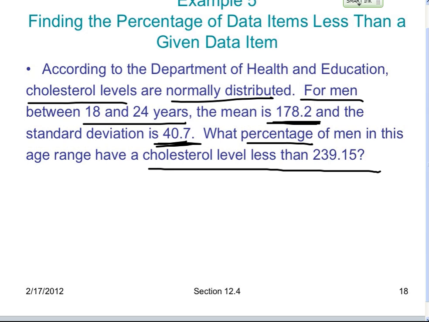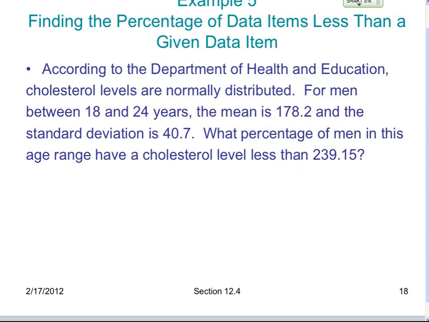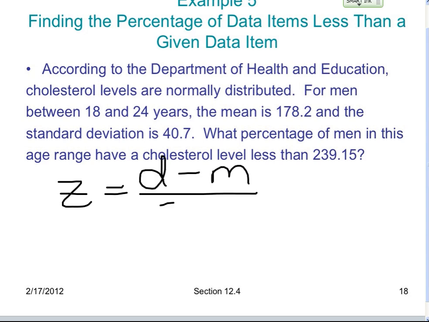So, the first thing you have to do is find the z-score. Once you find the z-score, you look it up in the table that's in your book, and the table will tell you the percent less than that data item. Remember the formula for z-score: data item, subtract the mean, divided by the standard deviation.